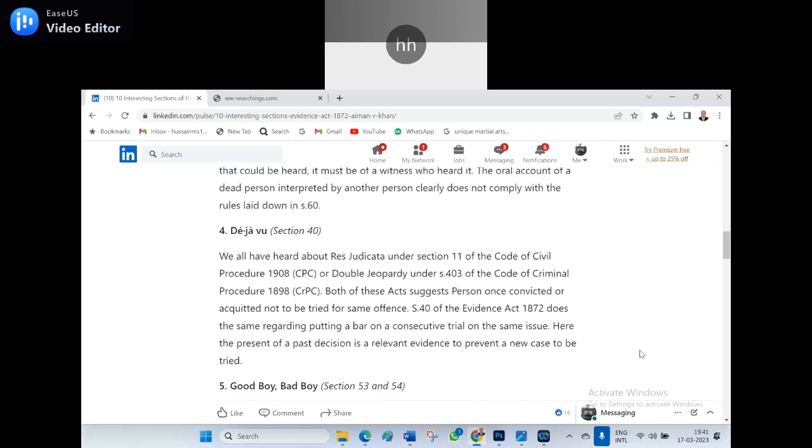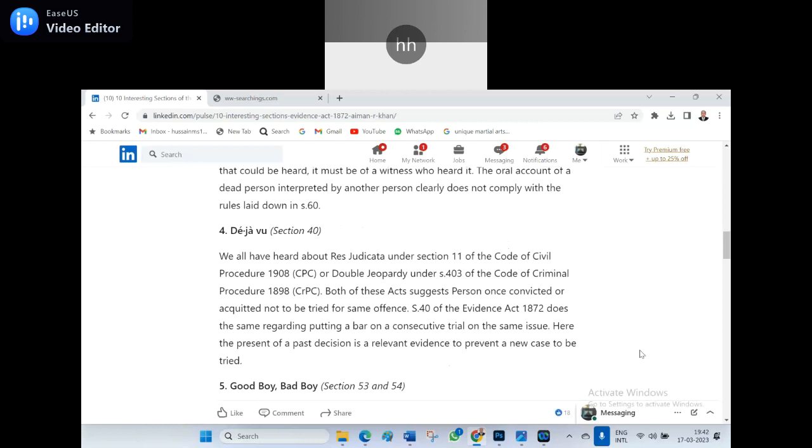We have all heard about res judicata, and Section 11 of the Code of Civil Procedure, 1908. Double jeopardy: Section 403 of the Code of Criminal Procedure, and the 1898 CrPC also, and they are compared here.